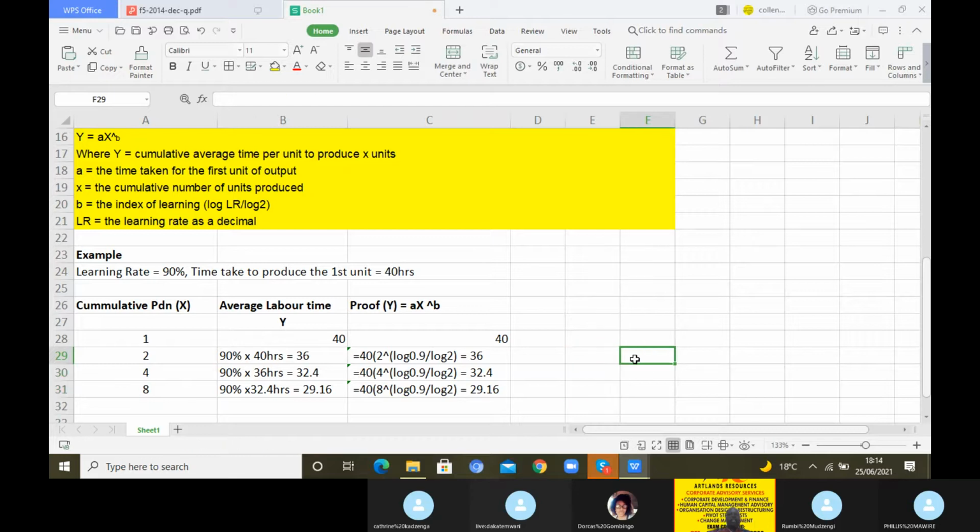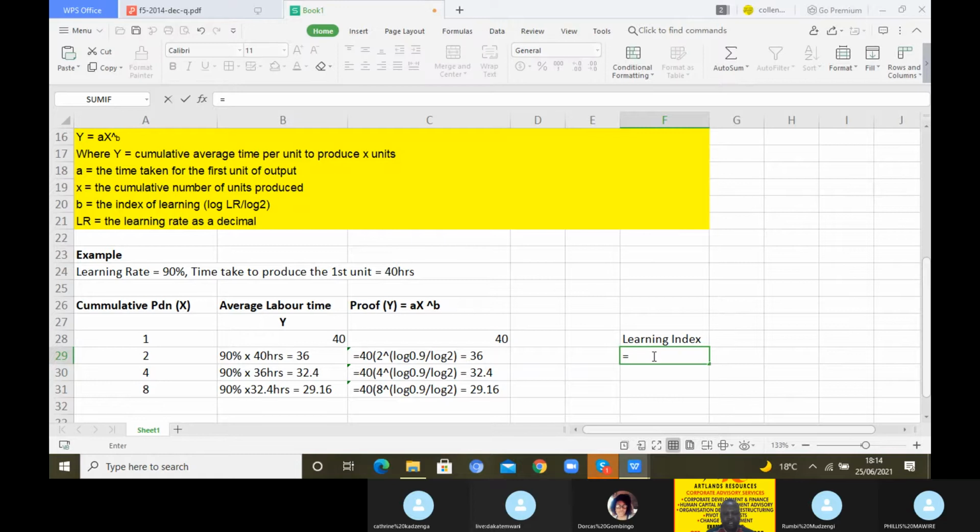Now, because normally examiners know that you may have issues in punching log 0.9 over log 2 into your calculator, what examiners normally do is they give you what is called the learning index, meaning they punch it for you.